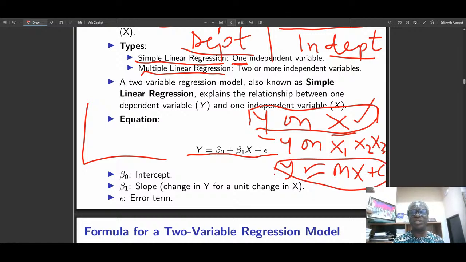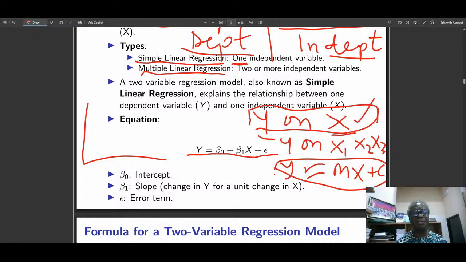Beta naught is the constant, the intercept. That's where the line cuts the axis.